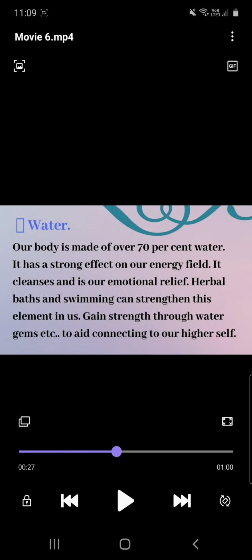We can gain strength through water via using gems and connecting to our higher self. So any gemstone or crystal that's water-based will help you bring out the water in you. It can help you cleanse away your emotions, but it can also help you gain knowledge of your higher self by using the crystals to enhance this.